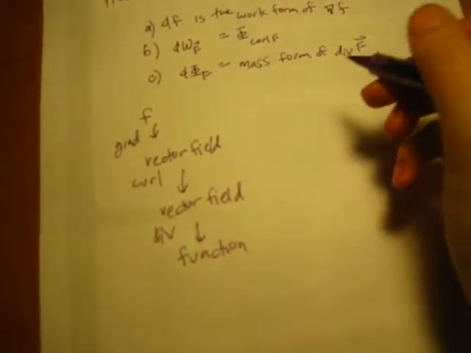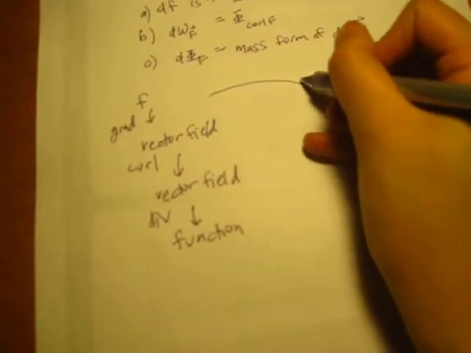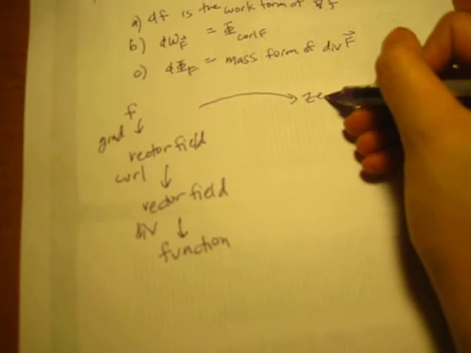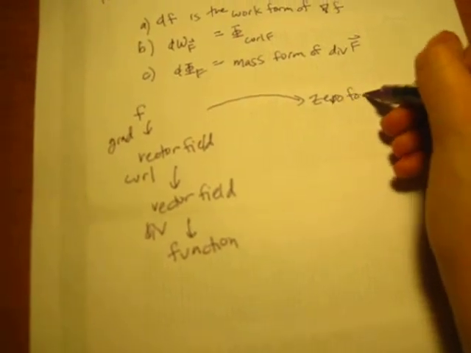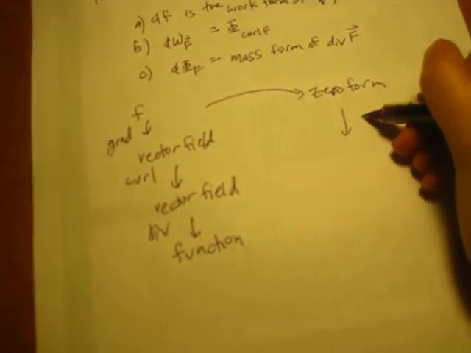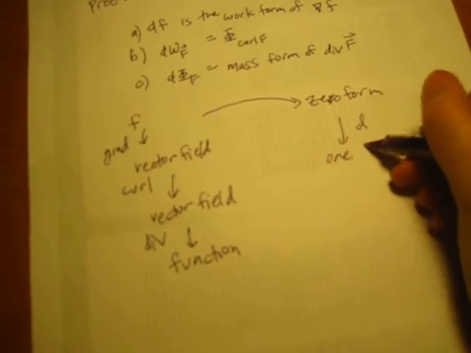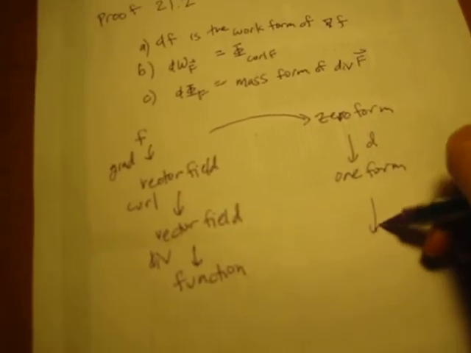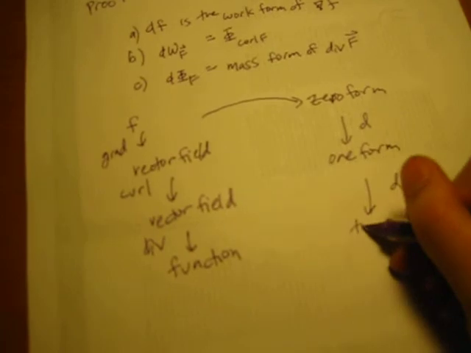Alternatively, a function corresponds to a 0 form, which if you take the d of that, you get a 1 form. If you take a d of that, you get a 2 form.